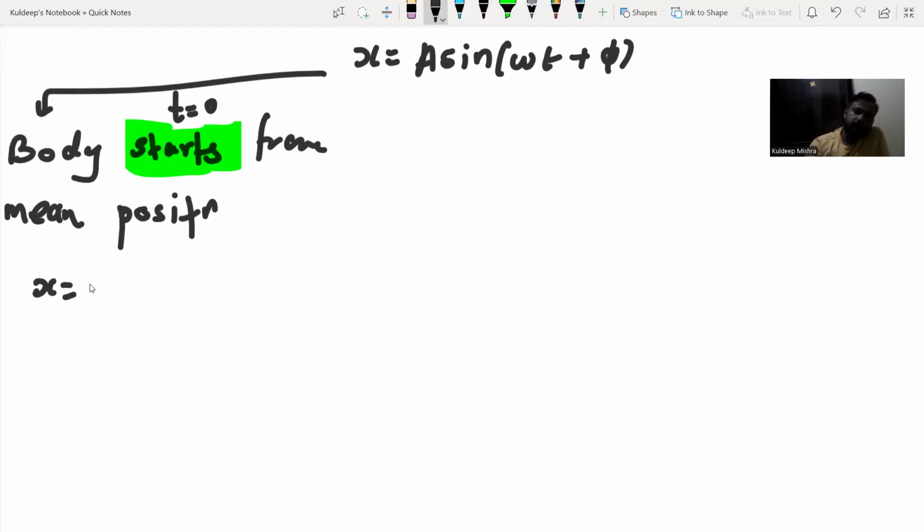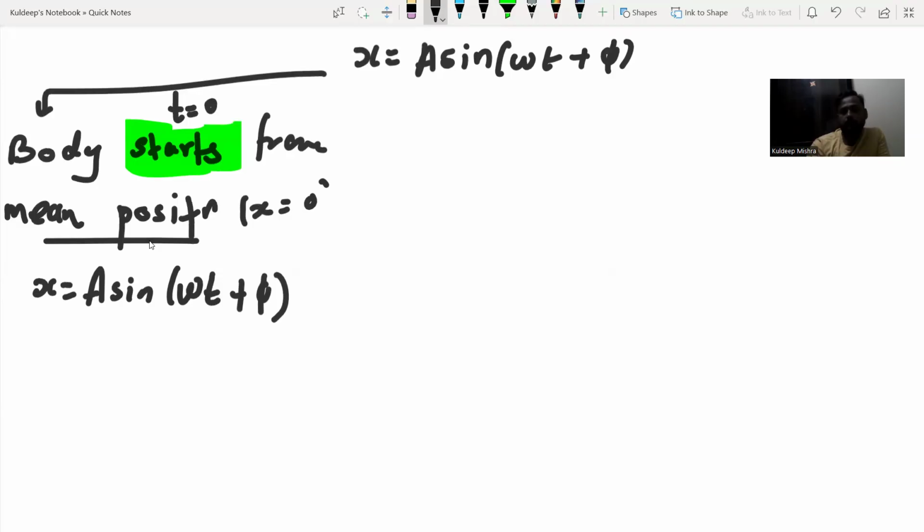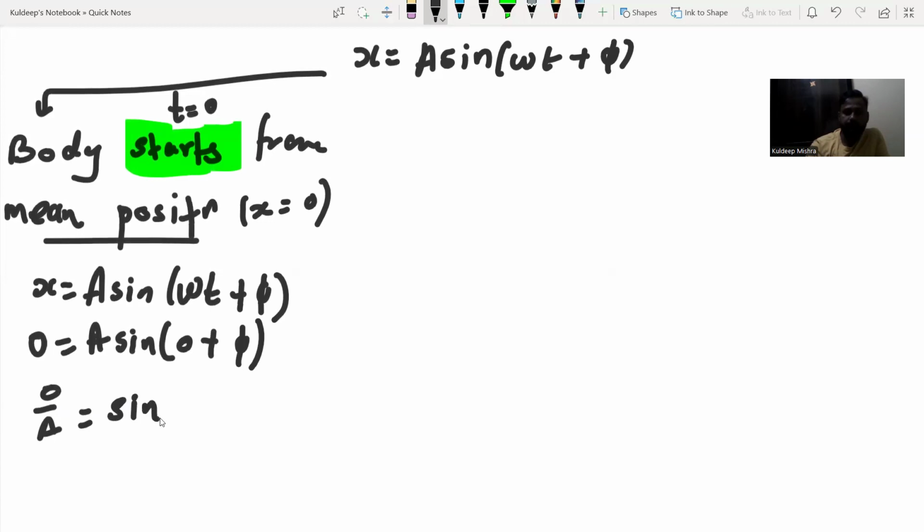So we know x is equal to a sine of omega t plus phi. We know that it is at mean position, so x is 0 and time is also 0. So 0 is equal to a sine of 0 plus phi. This a goes in the denominator. So 0 upon a is equal to sine phi.